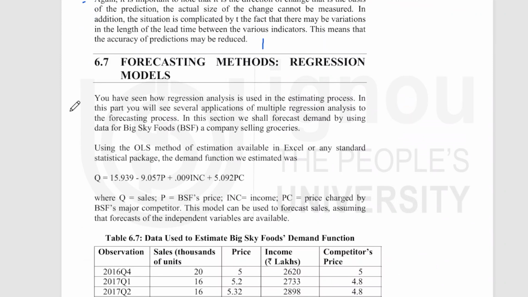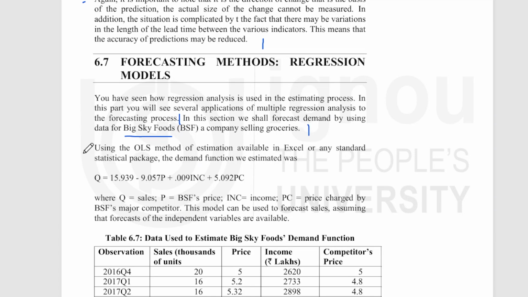And next is forecasting methods and the regression model. You have seen how regression analysis is used in the estimation process. In this part, you will see several applications of multiple regression analysis to the forecasting process. In this section, we shall forecast demand by using data for Big Sky Foods, that is BSF, a company selling groceries.